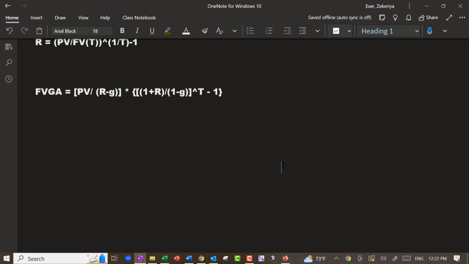And it assumes that G is going to be less than R. If G could be greater than R, you cannot write just one formula, because it depends upon how many periods there are and so on.